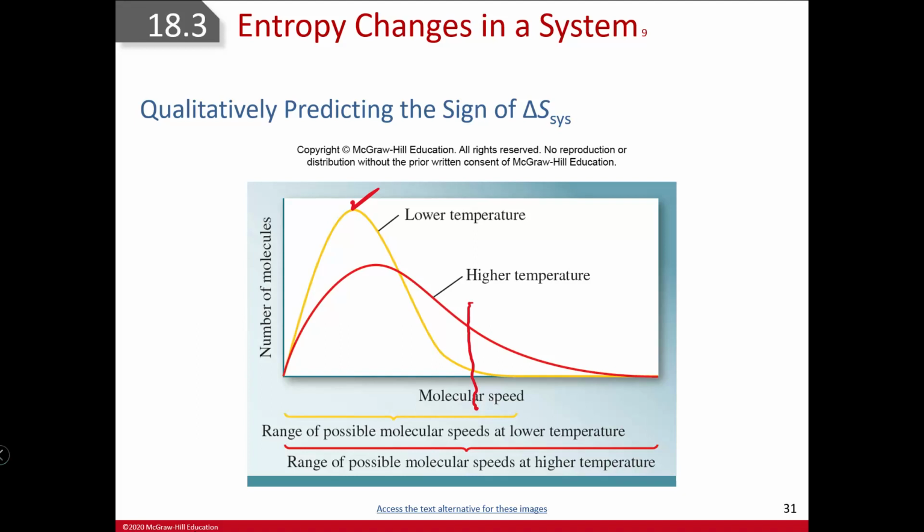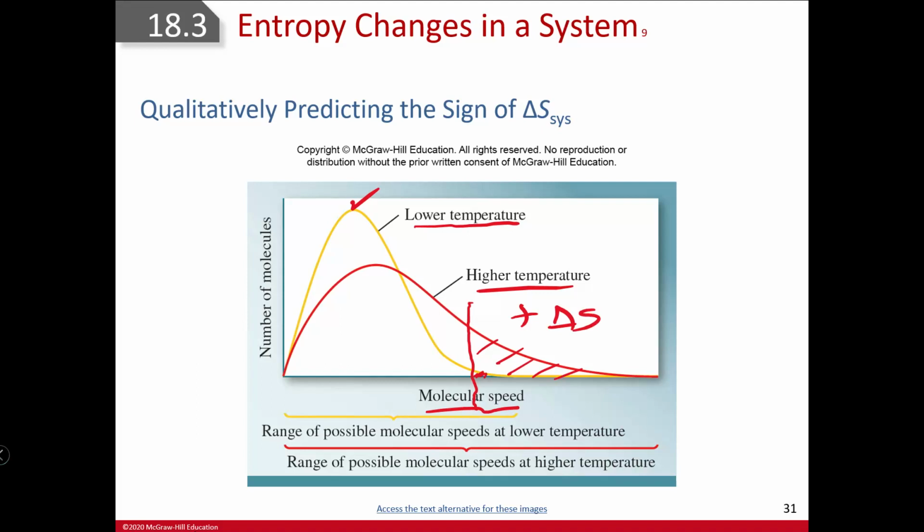And what you see is very little of what's under the yellow curve at lower temperature has that molecular speed. Whereas under the red curve, there are many more molecules that have higher molecular speeds.